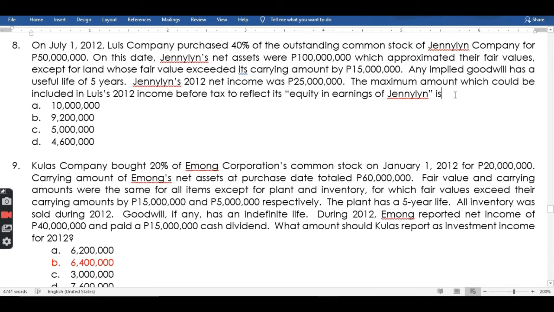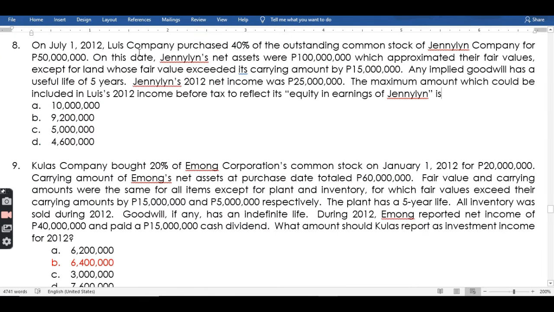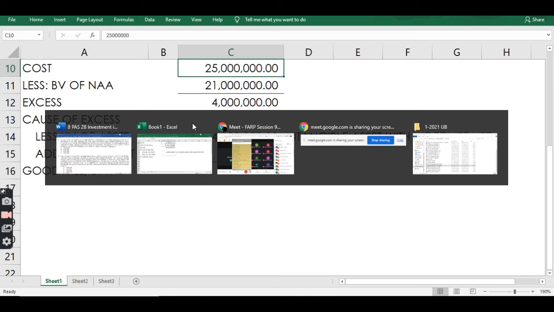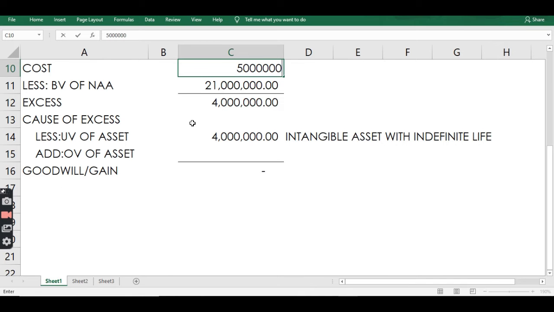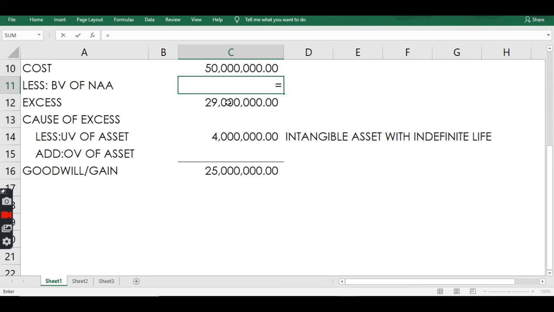So anyway, compute lang muna natin. So gawa lang muna tayo nung ganito. Compute muna natin yung ating item dito. Binili daw natin siya 50 million. Tapos in this case, the net assets were 100, which approximate fair value. So basically, ito muna yung book value natin. So that's going to be 100 million times 40%.